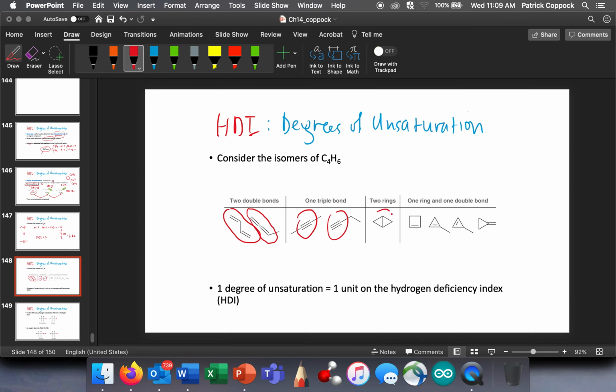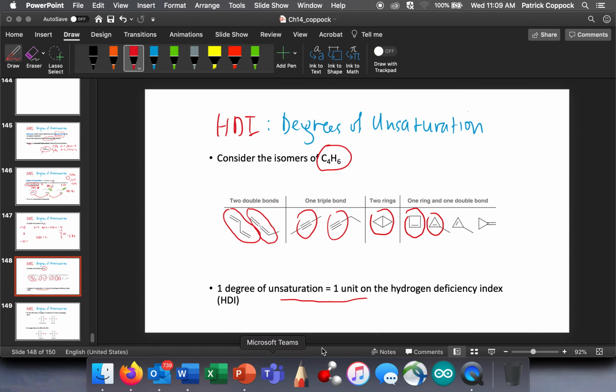We could have 2 rings, or we could have a ring and a double bond. You see, there are lots of ways we can get 2 degrees of unsaturation, but it certainly gives you some hint about the structure, strictly by getting the molecular formula. So again, 1 degree of unsaturation is 1 unit of the HDI.